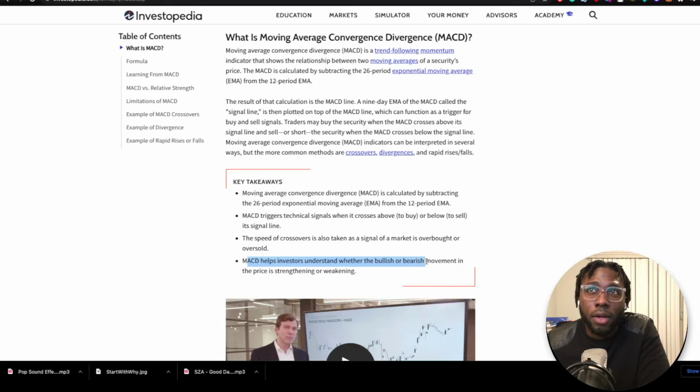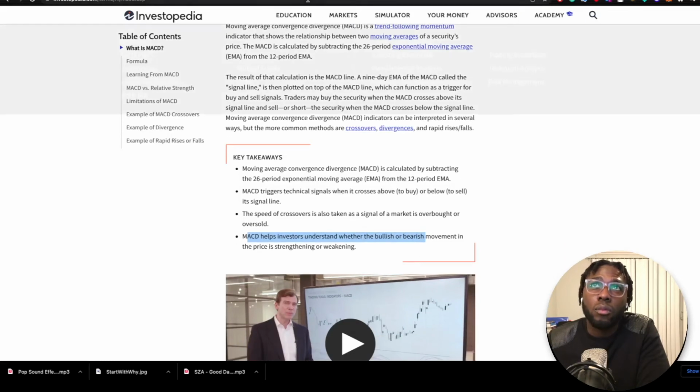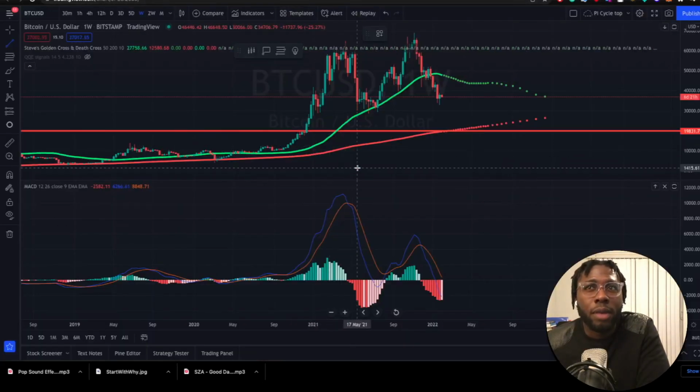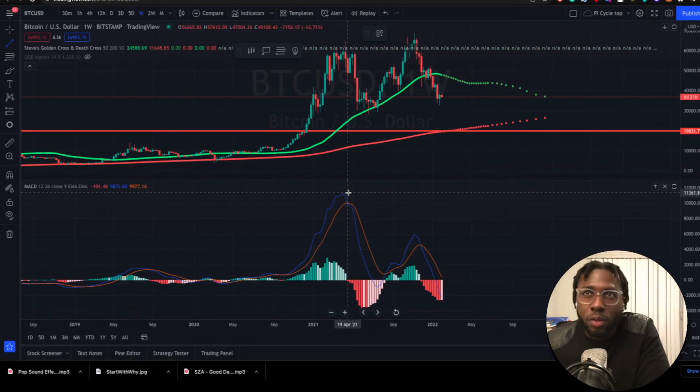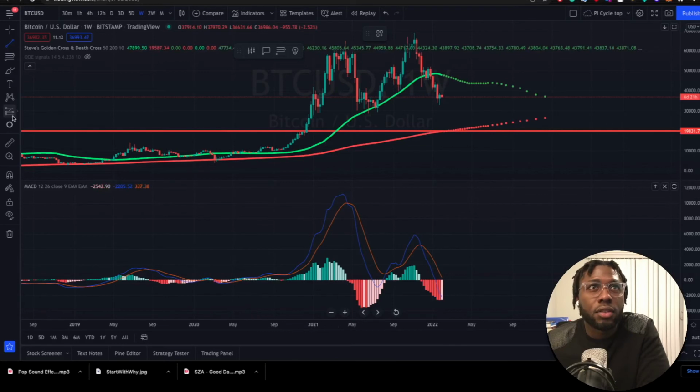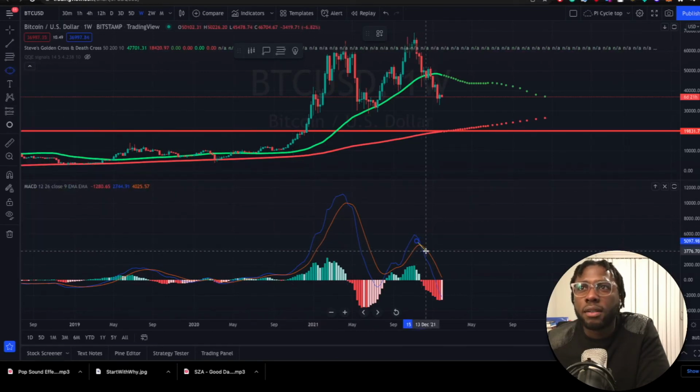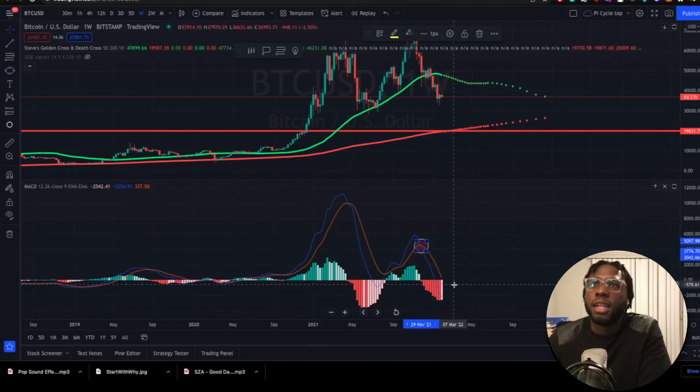I'm going to explain that. What I mean by it letting us know if it's bullish or bearish, we're going to analyze the bearish aspect first. Let me get a circle so you can see right here. You got a cross, price is heading downwards.